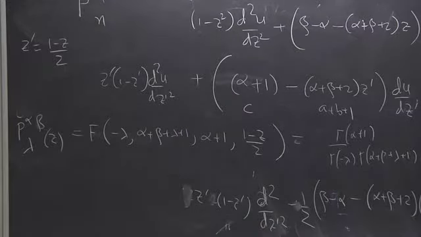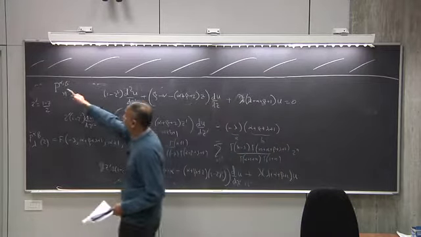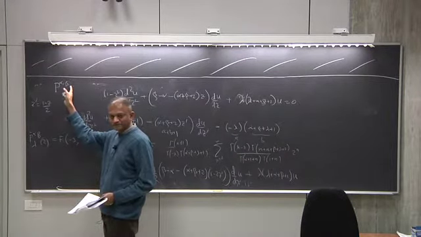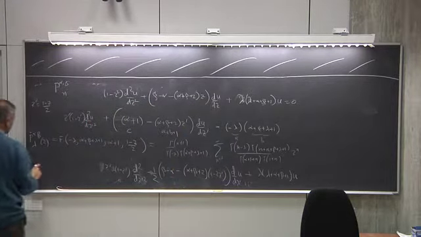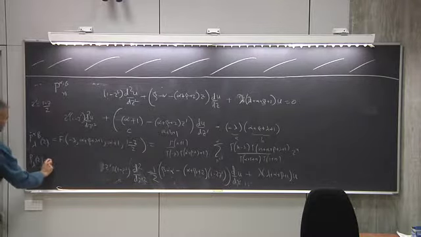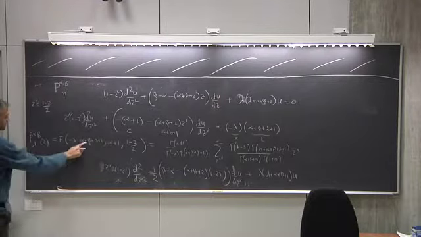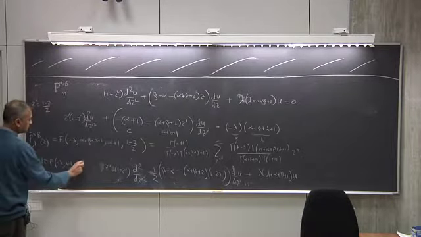Now you can specialize to the case of Legendre. Legendre is nothing else; it was just obtained by choosing alpha equal to beta equal to 0. So for the Legendre, you just set alpha equal to beta equal to 0. That's simply F of minus lambda, lambda plus 1, 1, and (1 minus z) by 2.